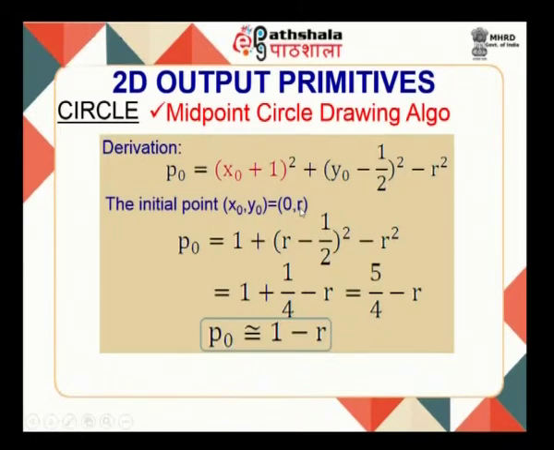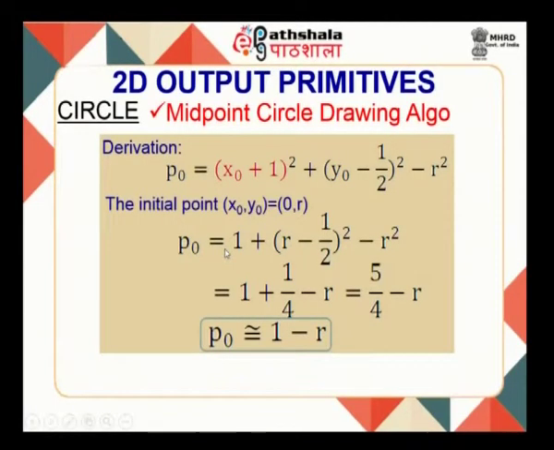As you know, a circle with center at origin and radius of r units, we started with the first point (0, r), and we will have to proceed till the x and y coordinates satisfy the relation x is less than or equal to y.